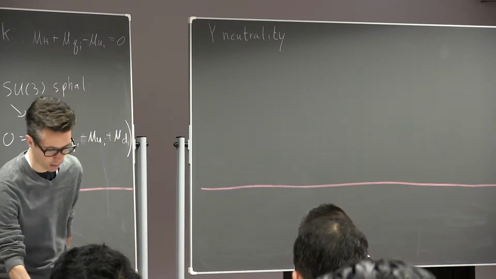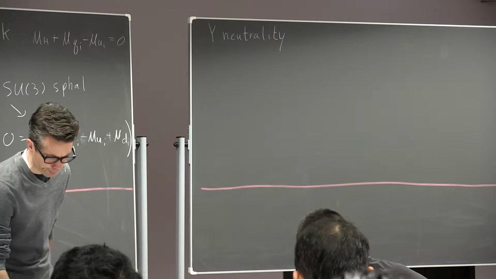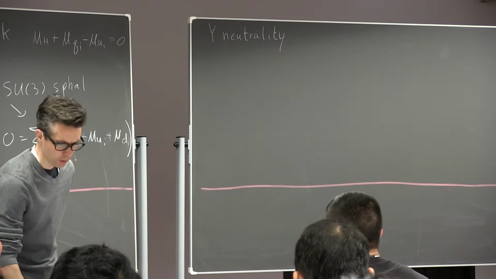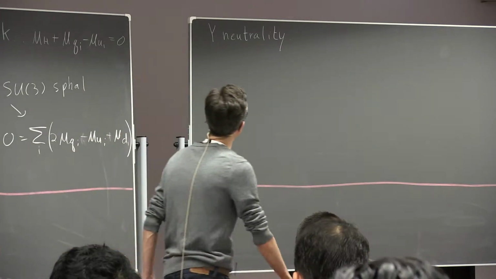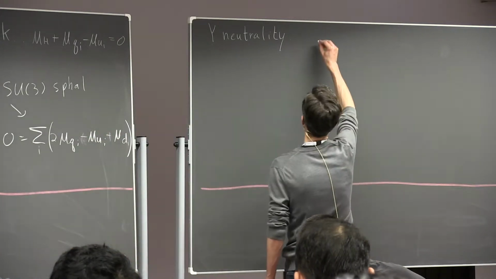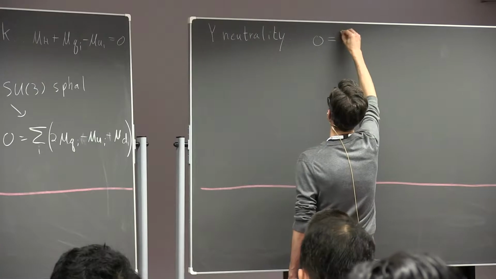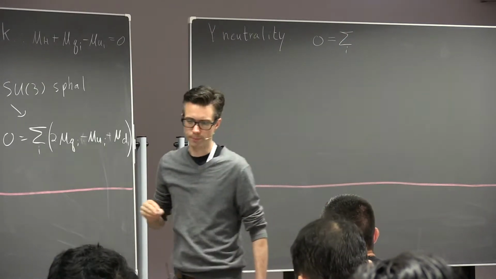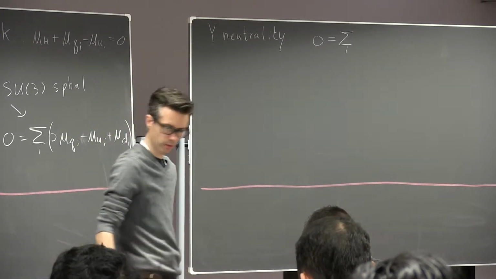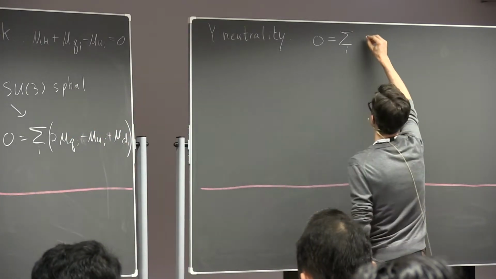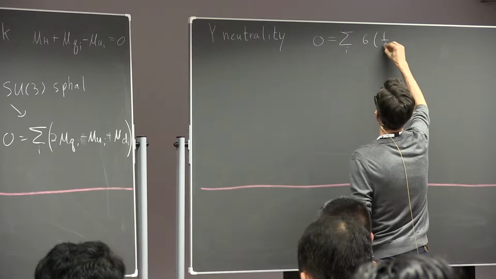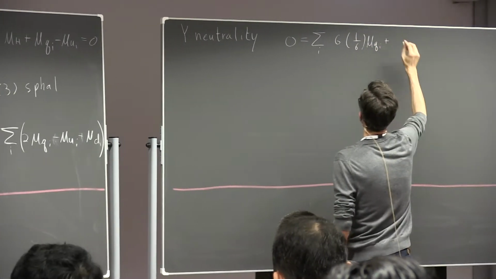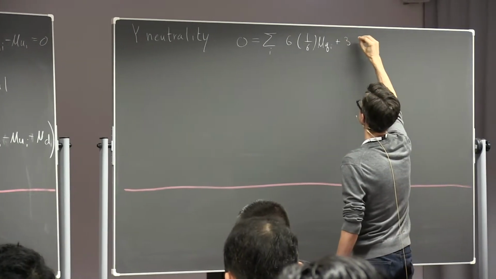You don't necessarily want an electrically charged universe, and this gives me one additional constraint between the chemical potentials, which is for net hypercharge neutrality.